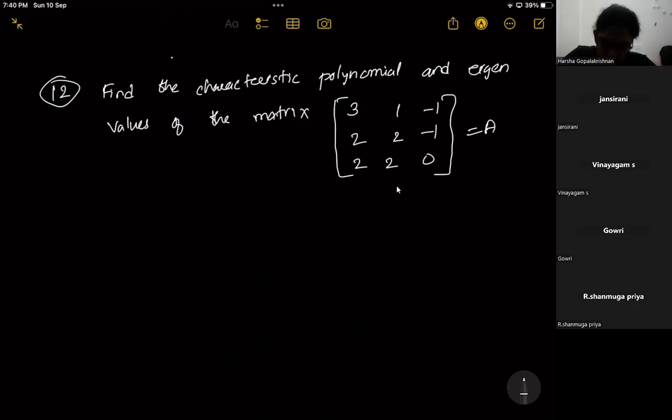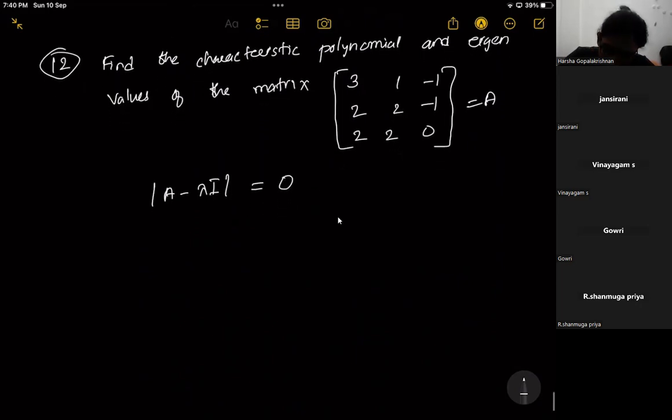Yeah, the equation is determinant of A minus lambda I equal to 0. Lambda is any variable; you can take lambda or xi or something else. Whatever we get from this, determinant of A minus lambda I equal to 0, is the characteristic equation, not polynomial.